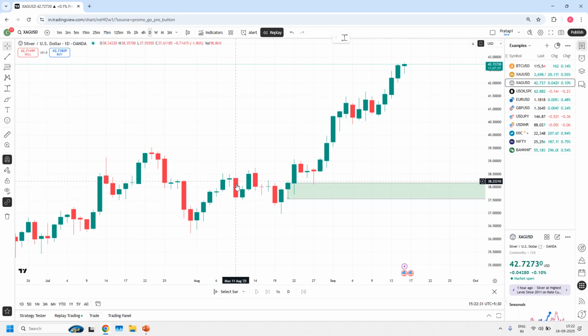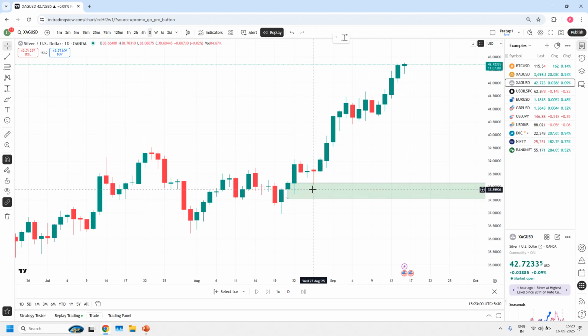This rally, base, drop is again violated using this drop, base, rally. But this has been again violated. So can we take a trade here? No, you can't take a trade because it does not have any zone freshness.